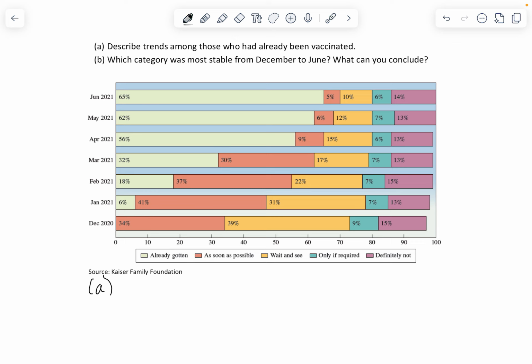No respondents had been vaccinated in December 2020, right when the vaccines were just starting to come out. The percentage progression by month was then 6%, 18%, 32%, 56%, 62%, 65%. This shows a clear upward trend in vaccinated respondents, with the most significant increase from March to April, where it jumped from 32% to 56%.